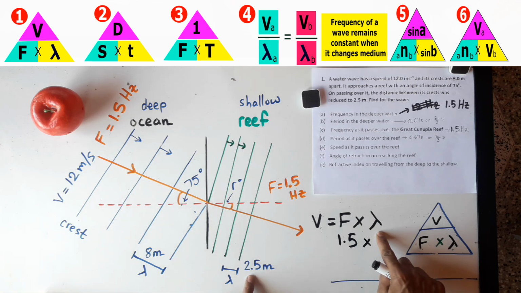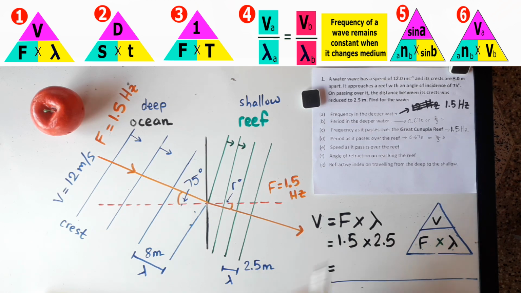The wavelength in the shallow region or the reef is 2.5. Alright, let's multiply it. 1.5 multiplied by 2.5 is 3.75 meters per second. Double checking to make sure, 1.5 multiplied by 2.5 is 3.75.